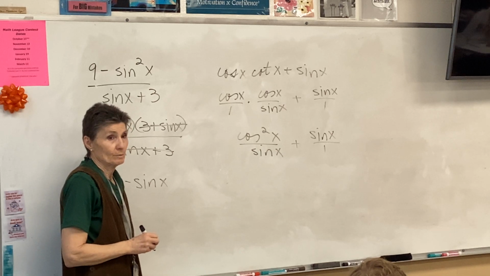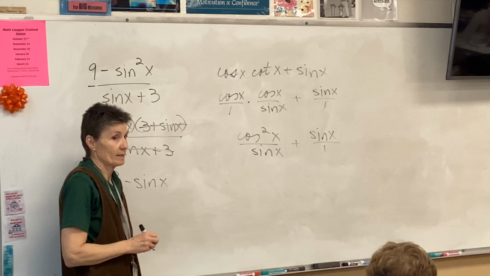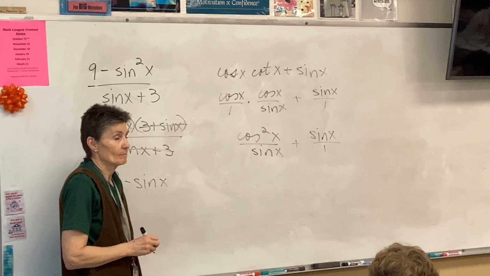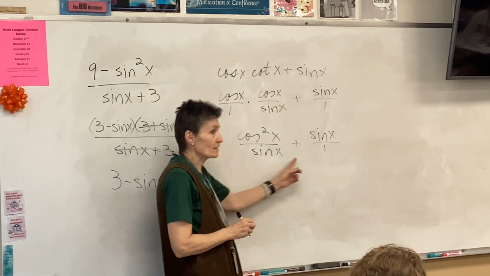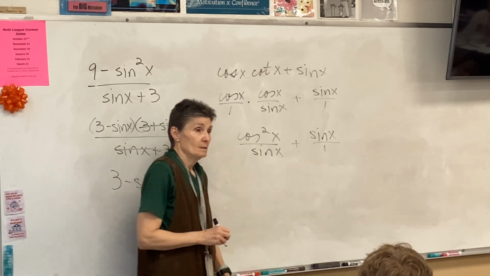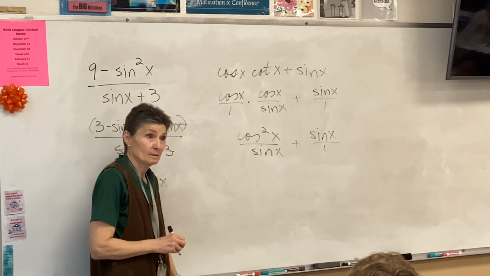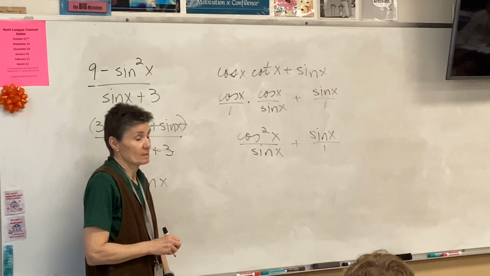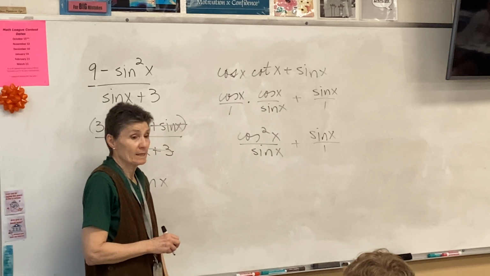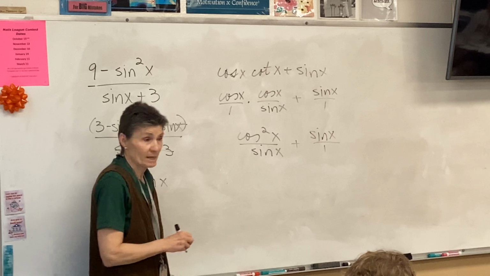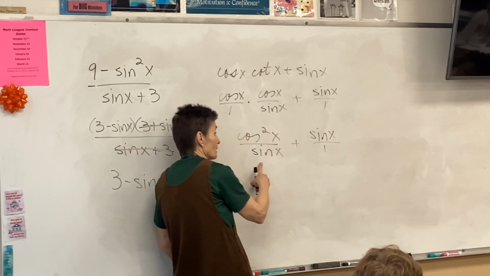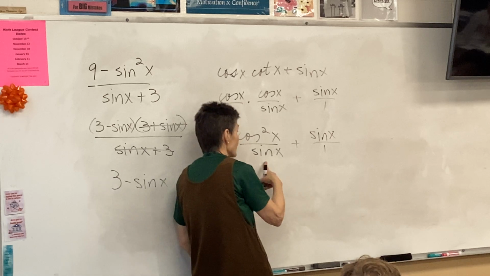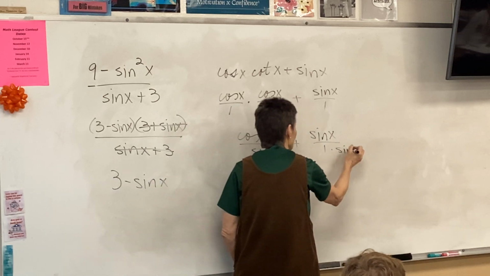Now what do you notice, or what do you think? Aren't these both fractions? And they're added? How do we add fractions? We get a common denominator. So what will our common denominator be? Sine x. This one already has it. This one needs it.